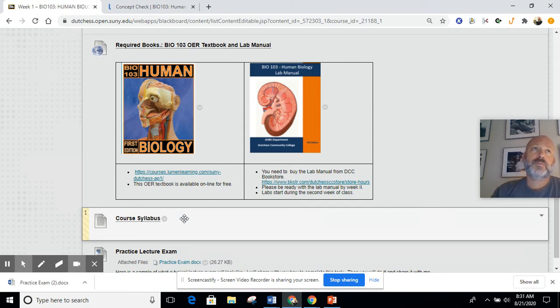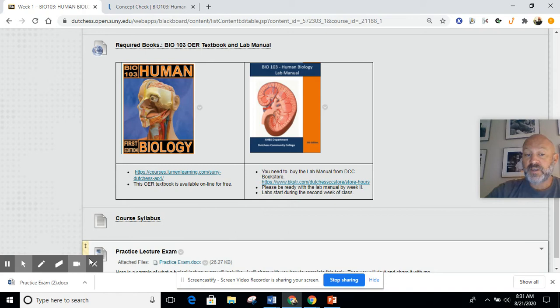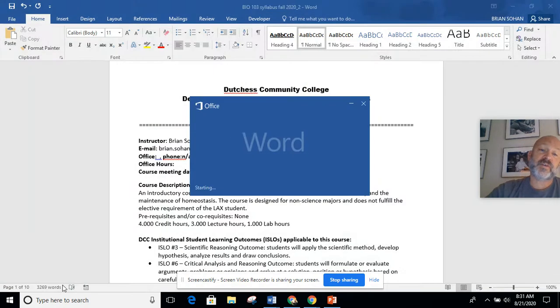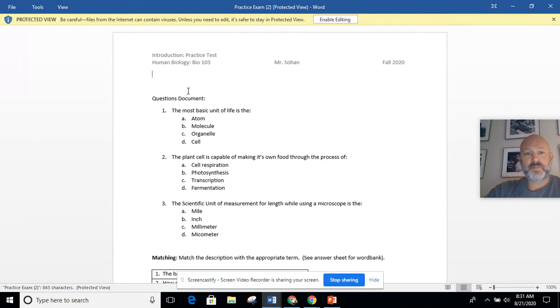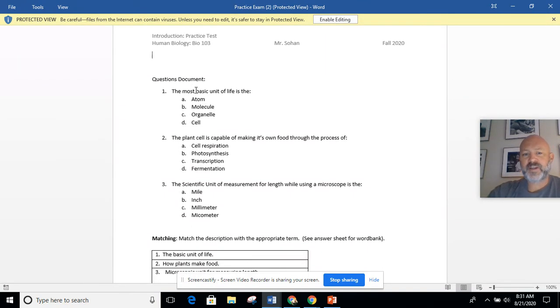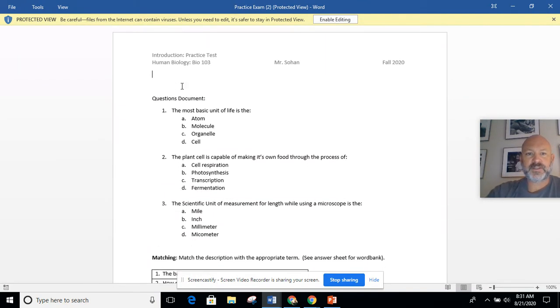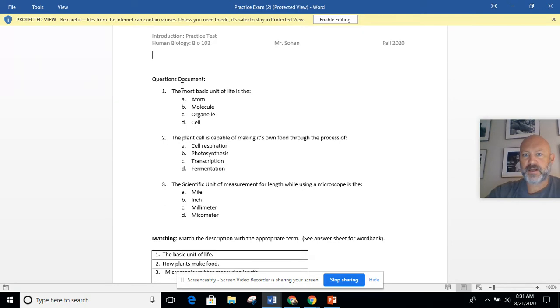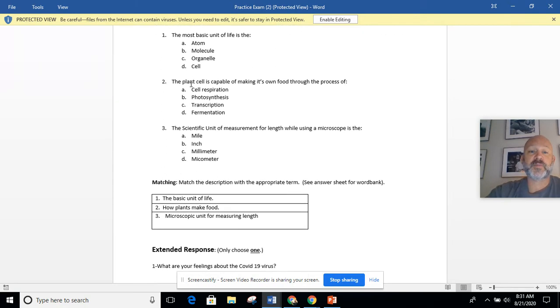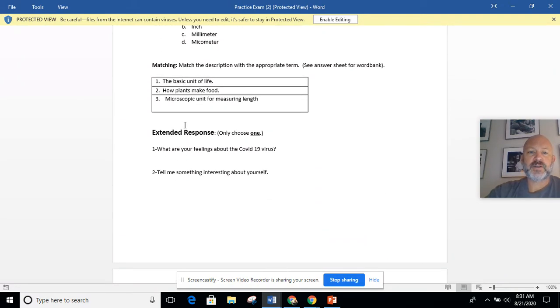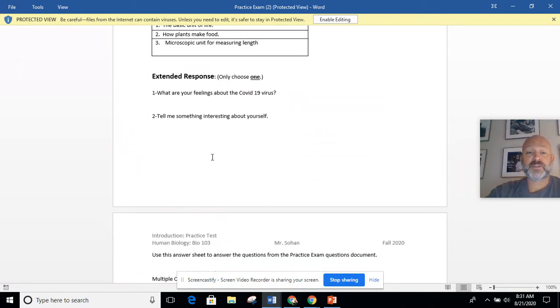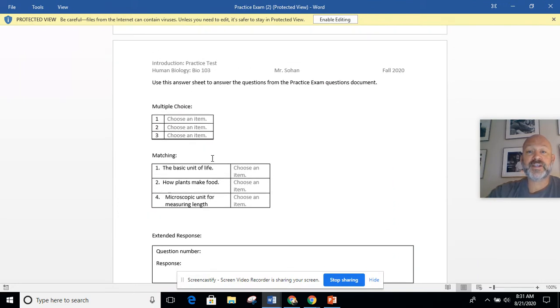When you do complete the exam, all that I really want you to send back to me is the answer sheet. I don't need the questions sent back to me. So here I created just a practice little mini exam, and this is the questions document. Again, this one has 3 multiple choice, 3 matching, and 2 extended response questions. And here's your answer sheet.